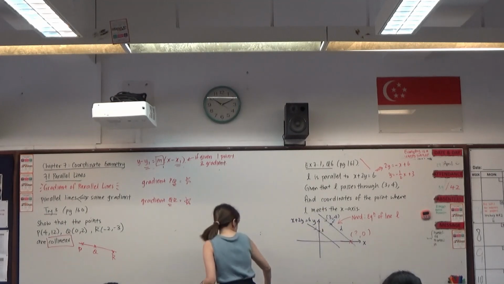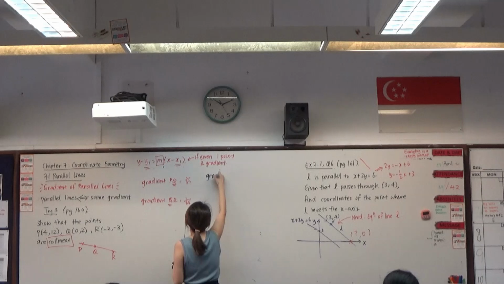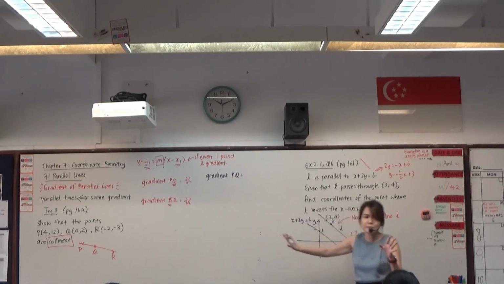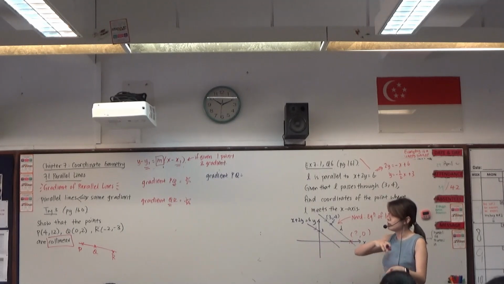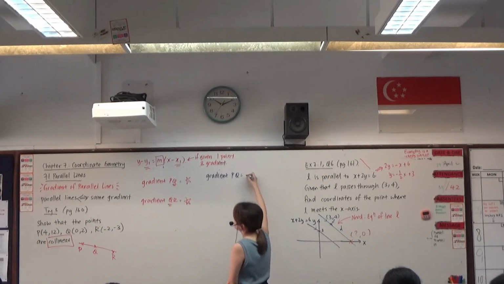Okay, Jihan, what do you want? Okay. Yeah, so to present our answer, finding the gradient of PQ, it really depends on you what you want to find. You want to find PQ, QR, or PR, just as long as it's 2 line segments. So I've decided to choose PQ, so we have 12 minus 2 over 4 minus 0.